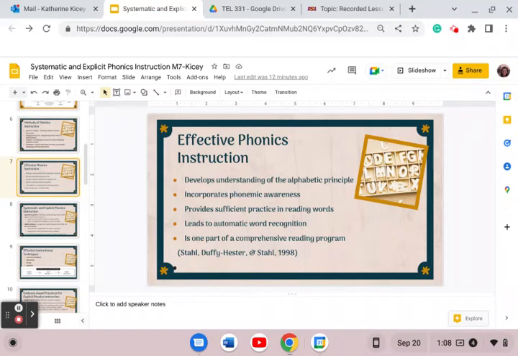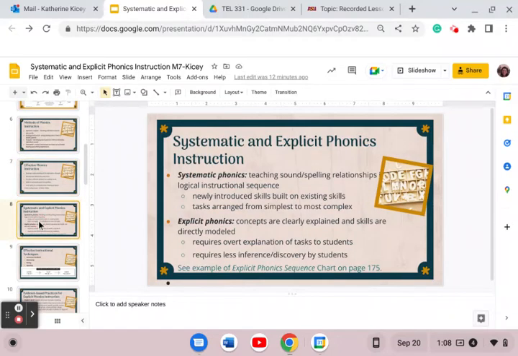So effective phonics instruction is a big chunk in the early years, but it also goes throughout elementary school as one part of a reading program. Systematic and explicit phonics instruction has to have systematic phonics, which is teaching sound-spelling relationships in a logical sequence, which we've talked a lot about.